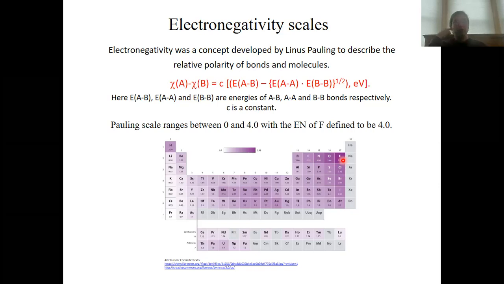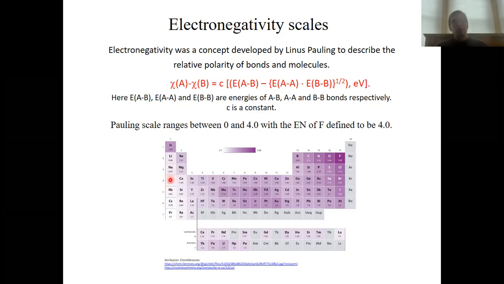So we see again that whenever we start a new period, the electronegativity drops dramatically. So for example, it drops dramatically as we go from the fluorine to the sodium, or from the chlorine to the potassium.